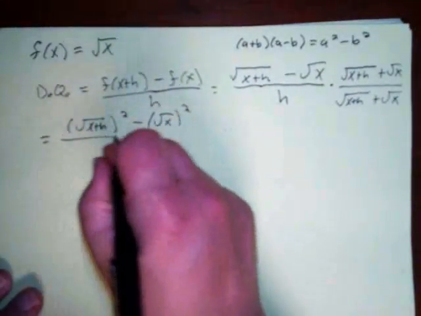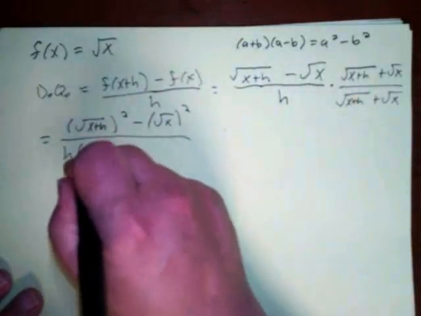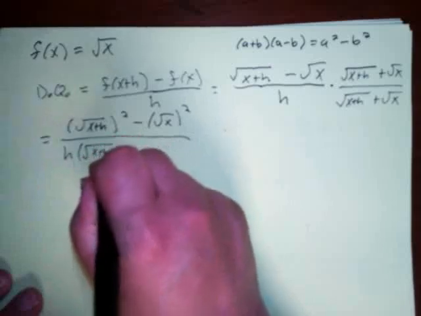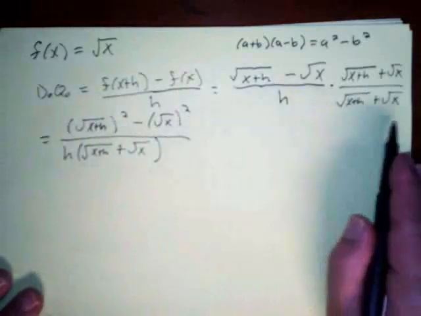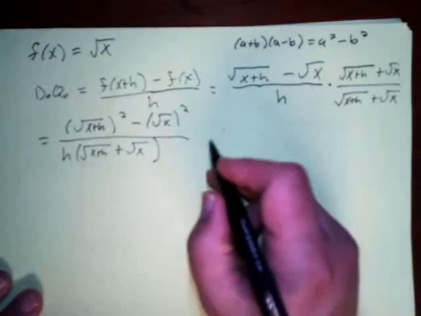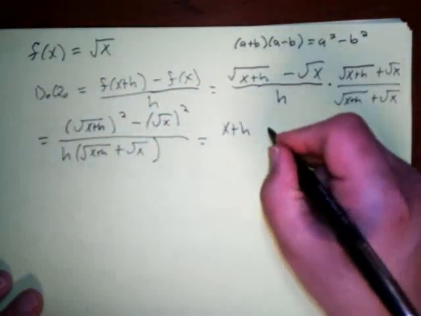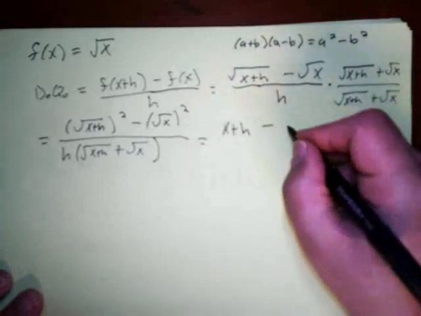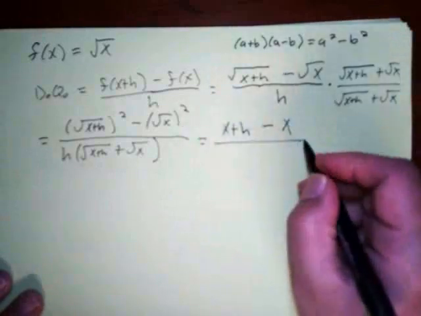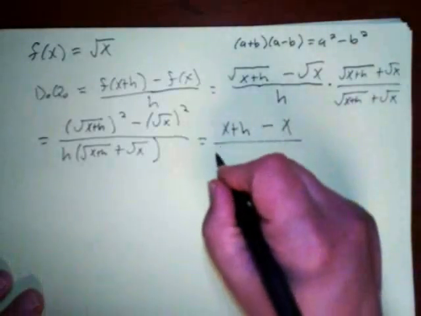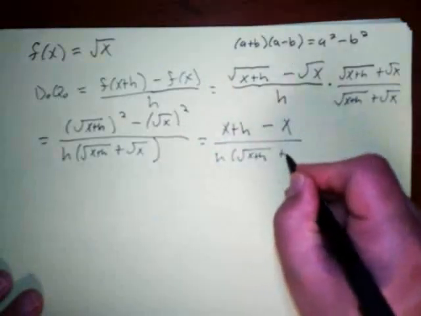I'm taking h times that, so I've got to make sure to have the parentheses there. This is nice because the top then becomes x plus h minus x, and all of this will be over h times the square root of x plus h plus the square root of x.